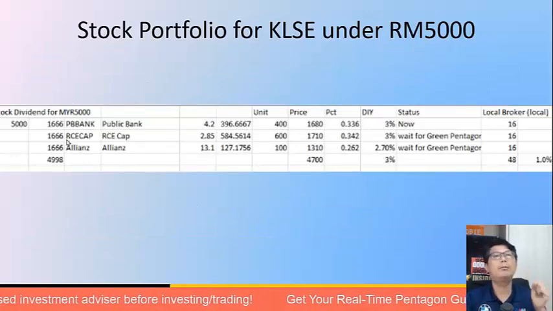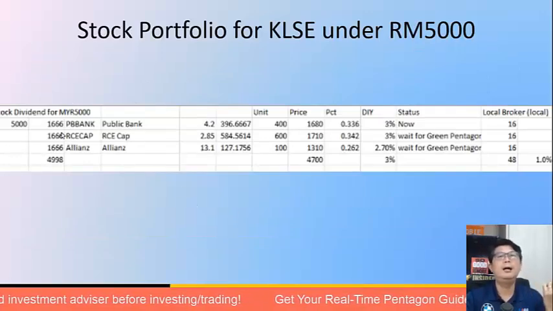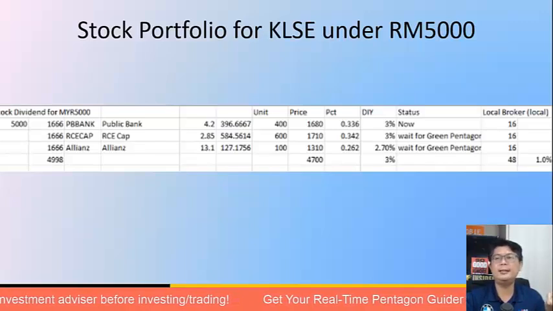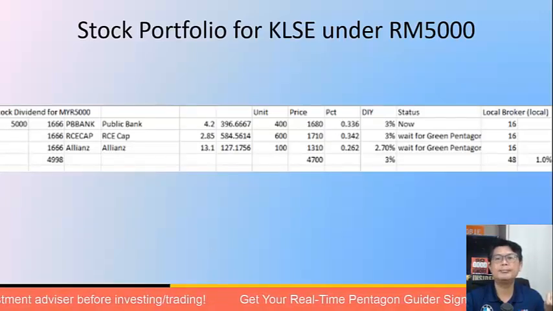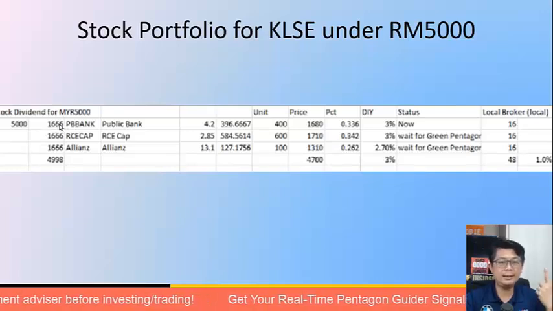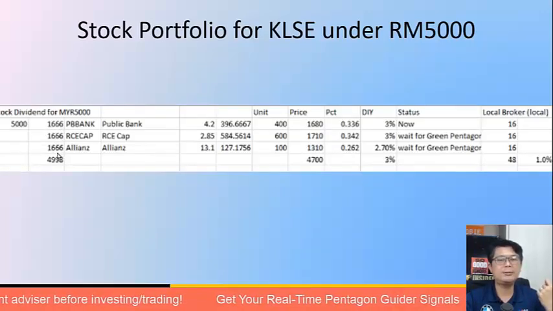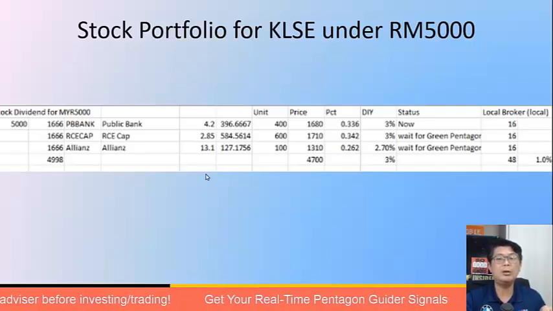So there you go. From here, 5,000 ringgit, we have 1,666 ringgit on top here, they'll get you about 5,000.